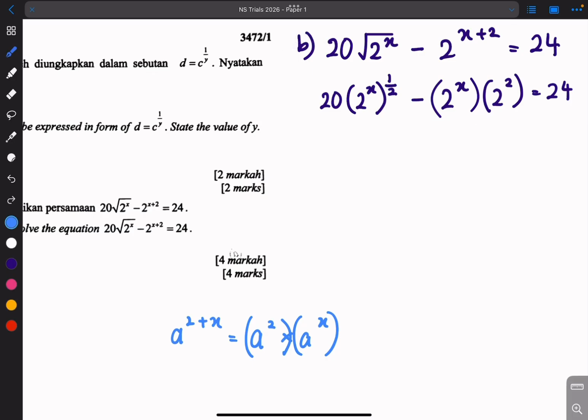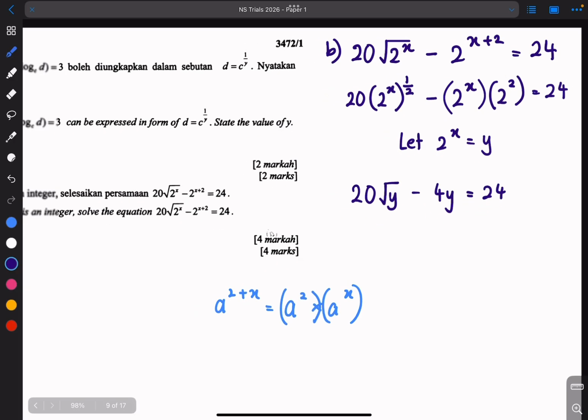Right, then we continue. Since we have 2 to the power of x, we can make our life easier by letting 2 to the power of x equal an alphabet. So let's just say y. So I can write 20 y power 1 over 2, or I can just write it as square root y, minus, here we'll get 4y, 4y equals 24.